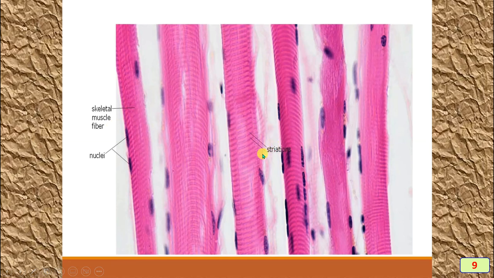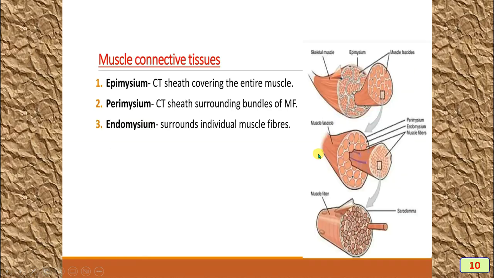These are all straight muscle fibers, whereas the muscle connective tissue is also called the epimysium. So this is the connective tissue sheath covering the entire muscle. Epimysium means outer coat, and perimysium is a connective tissue sheath surrounding the bundles of muscle fiber.